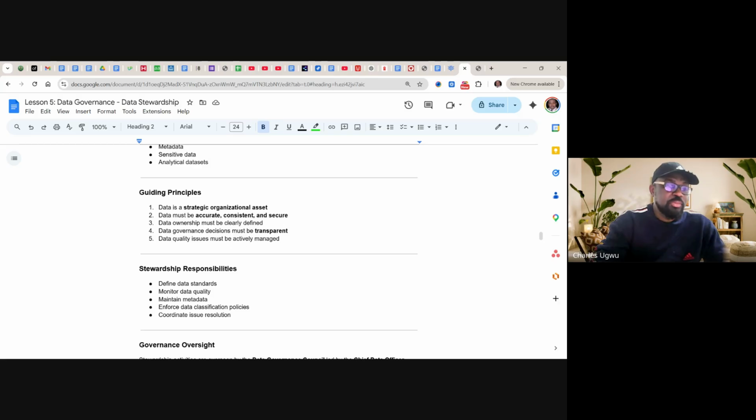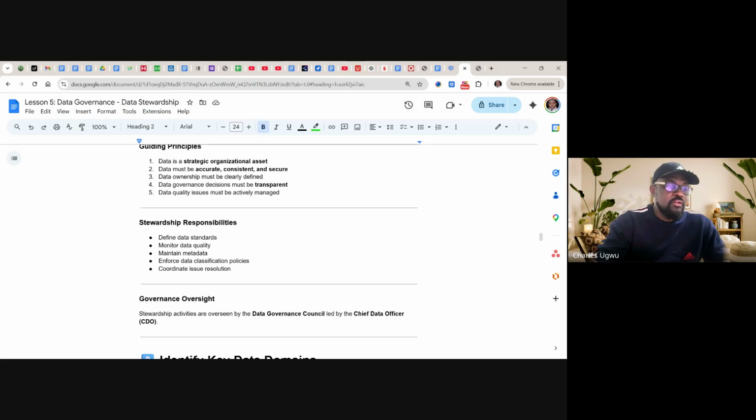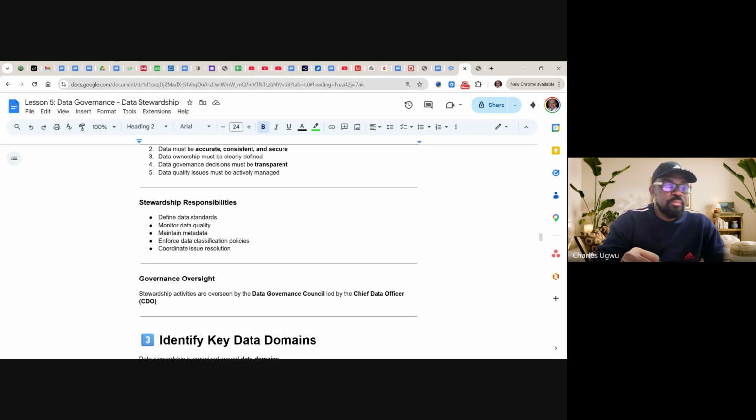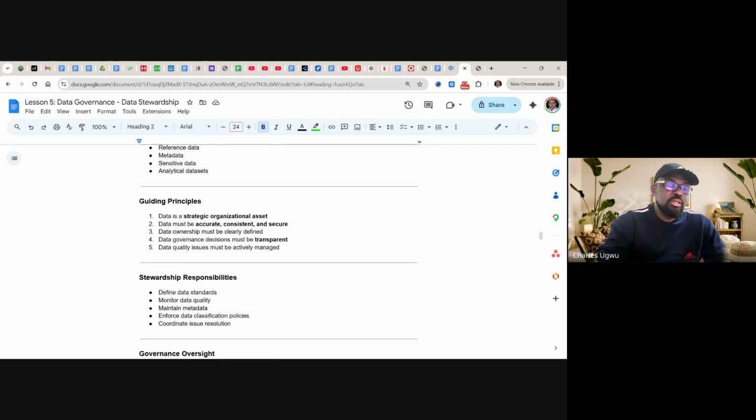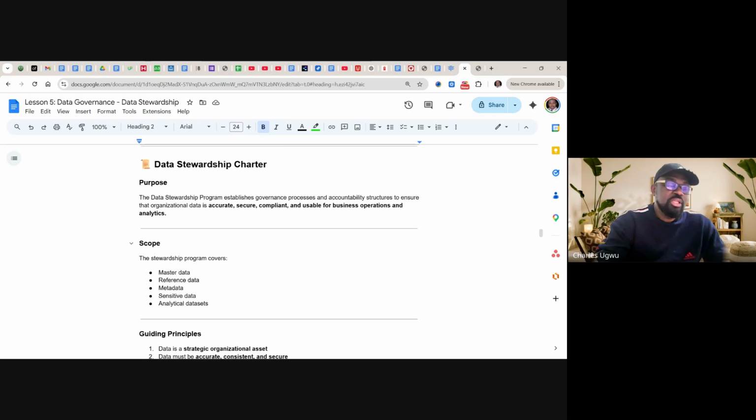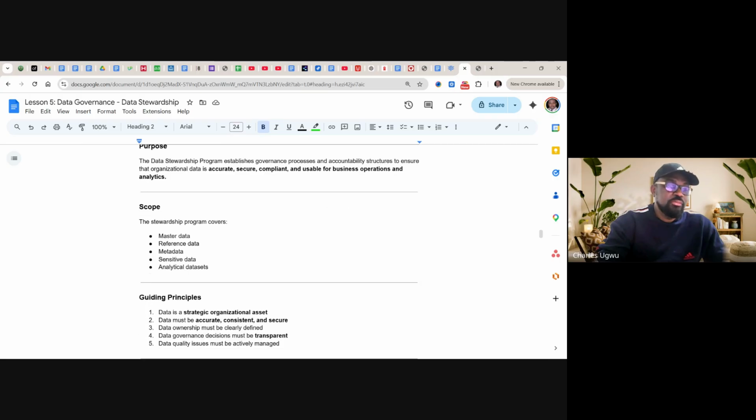So these are the responsibilities of data stewardship. And then governance oversight: the stewardship activities are overseen by the governance council, led by the chief data officer. You see, you have created a data stewardship charter for this organization.